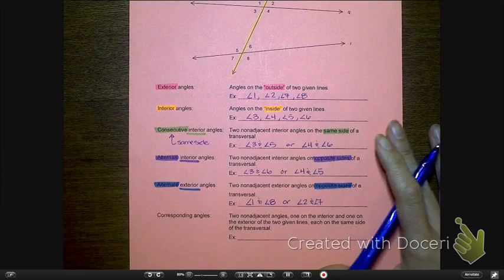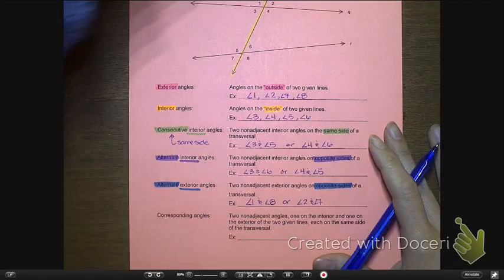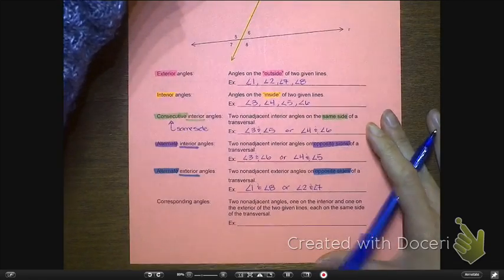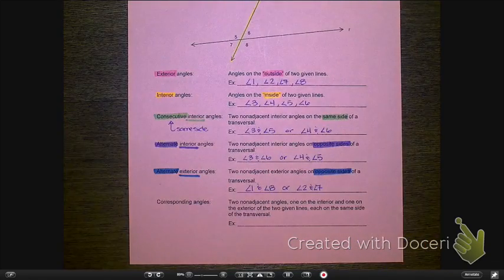Okay, so the last type we're going to talk about is corresponding. Now, when you look at the math definition for corresponding angles, it says two non-adjacent angles, one on the interior, one on the exterior of the two given lines, each on the same side of the transversal.